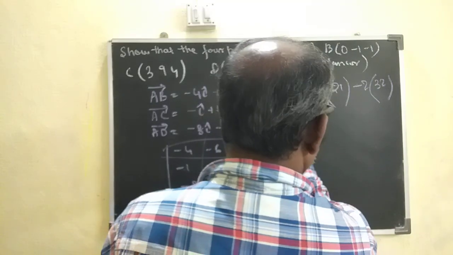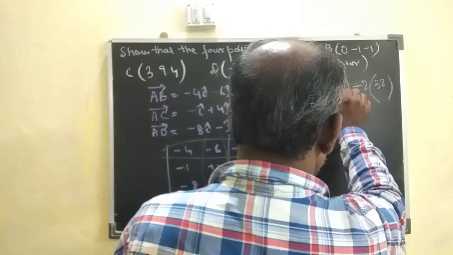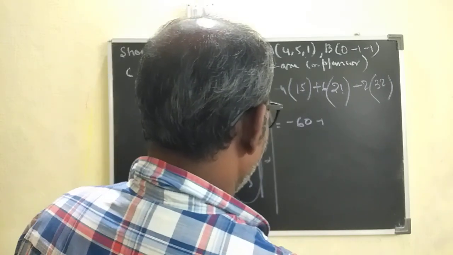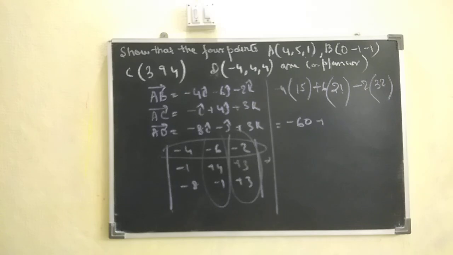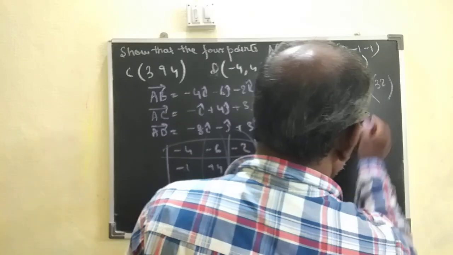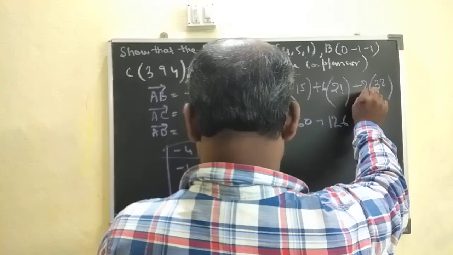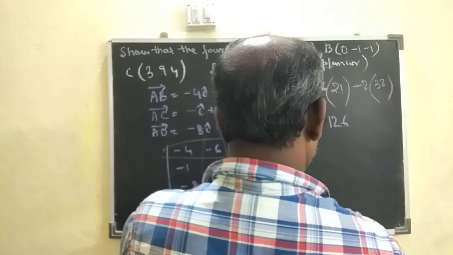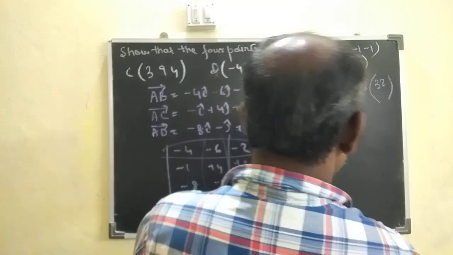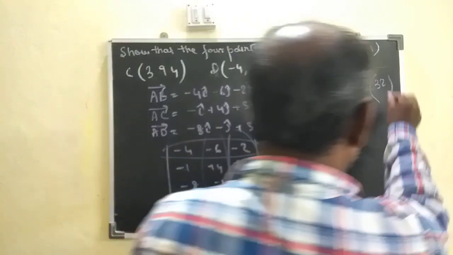This equals to minus 60 plus this is 33.